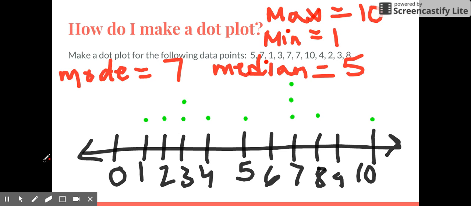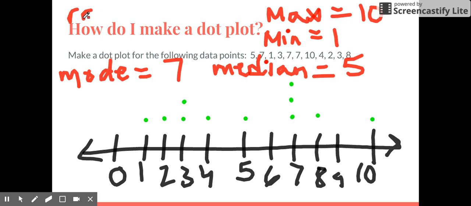I personally would not look at the dots and start crossing those out. I would actually take the time and write the numbers out. Chances are you will make more mistakes if you look at just the dots than if you look at the actual numbers. All right, so then I have my median. I could find my mean. Of course, we haven't really talked too much about that, so I'm not going to go into too much detail on that today. So we have maximum, minimum, median, mode, and range.